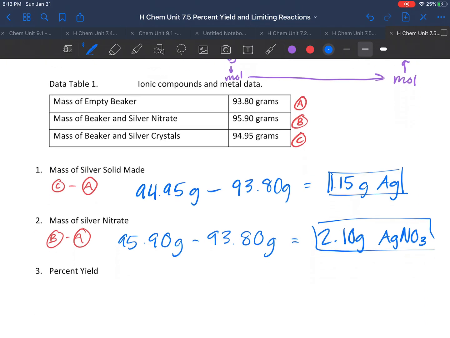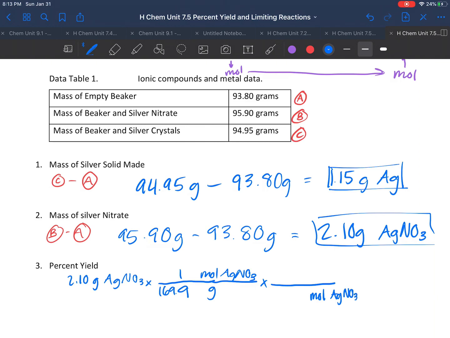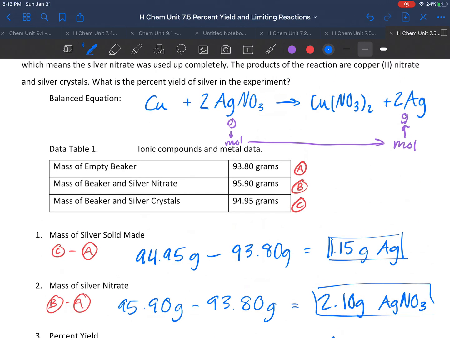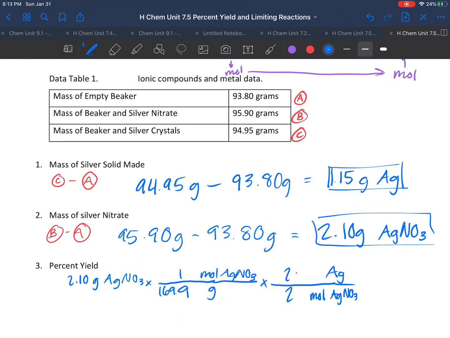All right, so let's start with that stoichiometry then. If we have 2.10 grams of silver nitrate, we need to go from grams to moles. And the way we do that is using its molar mass, which has a value of 169.9 per mole. Now, we have to use a molar conversion. And so we're converting between moles of silver nitrate to our target of just silver. And looking at the table, it is a 2-to-2 molar conversion.